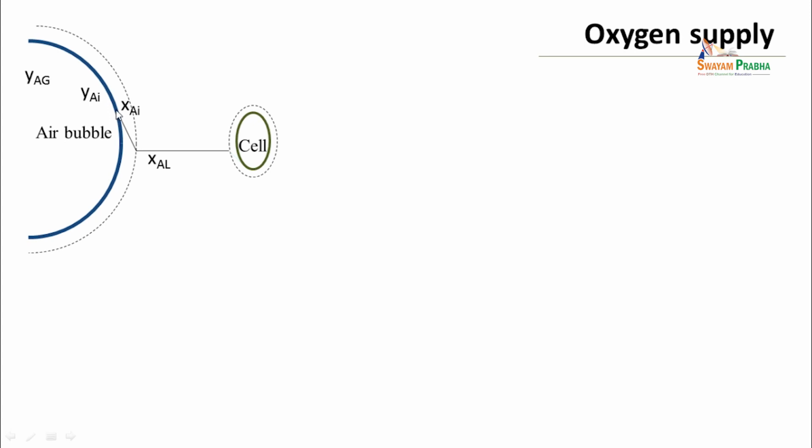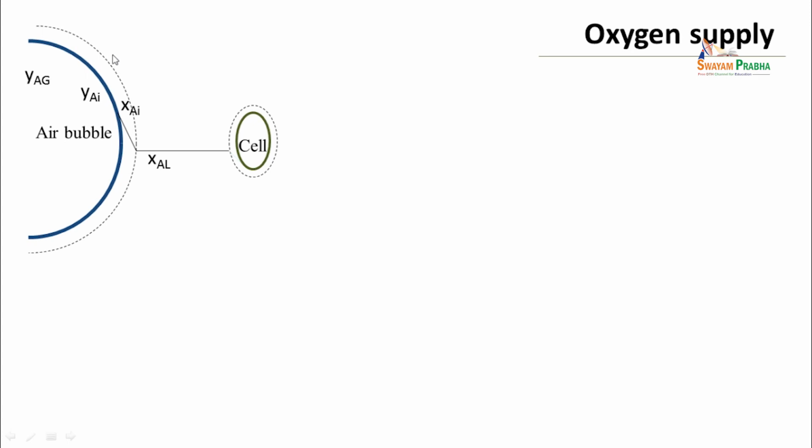Then here at the interface, this is gas concentration, this is liquid concentration, it is going to be at equilibrium. People have found that it instantaneously achieves equilibrium at the interface, and then all we are concerned with for a while is the liquid phase mole fractions. So XAI, the liquid phase mole fraction, is the equilibrium mole fraction with YAI in the gas phase.